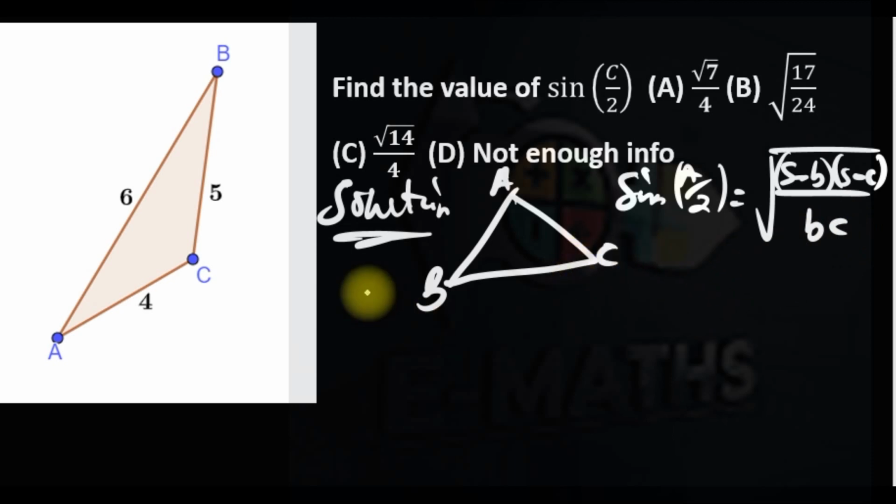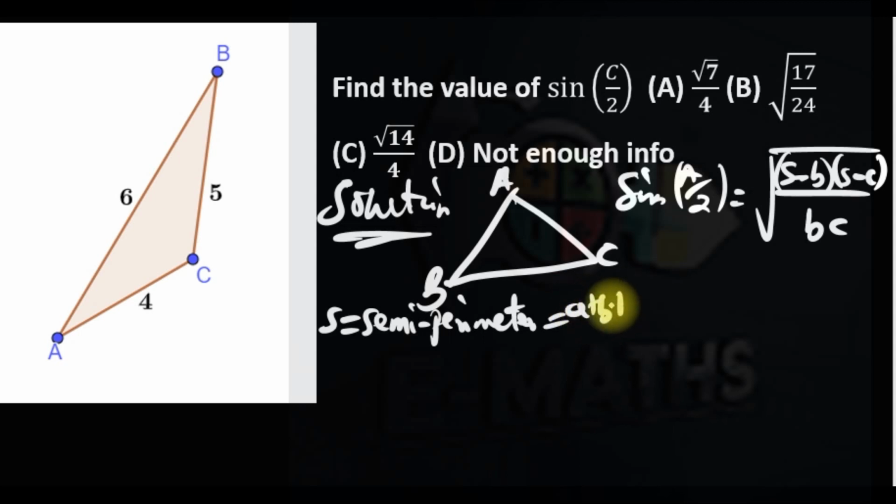Where x is the semi-perimeter, and from the name semi-perimeter, half of the perimeter, so A plus B plus C, because this is small letter A, this is small letter B. You know how we name triangles, over 2.